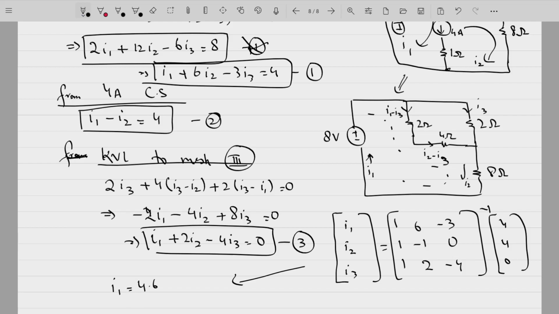You'll get I1 equal to 4.63, I2 will be equal to 0.63, and I3 will be equal to 1.473. So all values are in amperes.